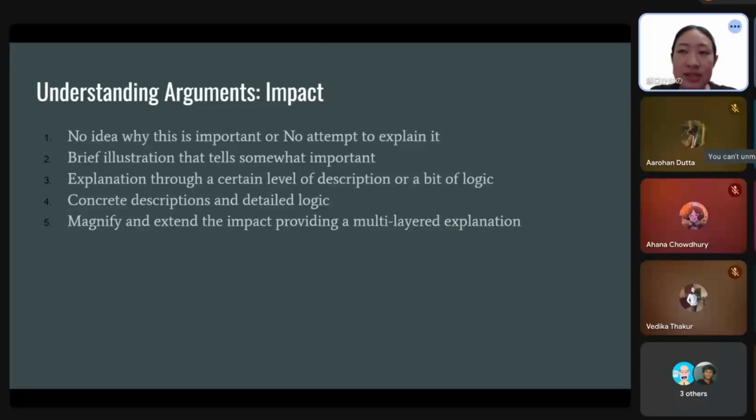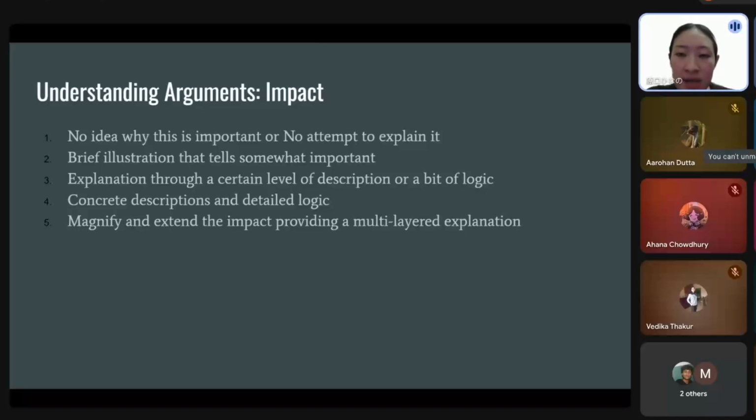But still, it's intuitively bad. It sounds bad, but it doesn't explain to what extent it actually destroys people or who will likely suffer in what way. I think this more concrete, more detailed explanation is lacking in this brief illustration. So this is the second level explanation.